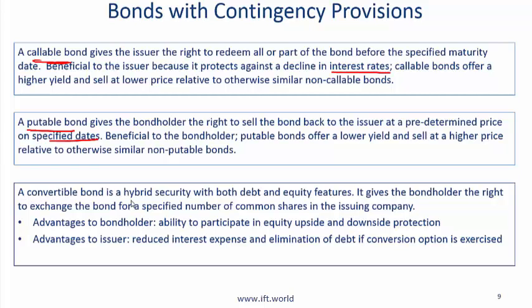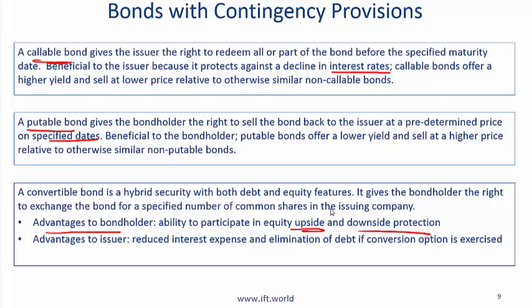A convertible bond is a hybrid security with both debt and equity features. It gives the bondholder the right to exchange the bond for a specified number of common shares in the issuing company. Advantages to the bondholder. And this is the major one: ability to participate in equity upside and downside protection.